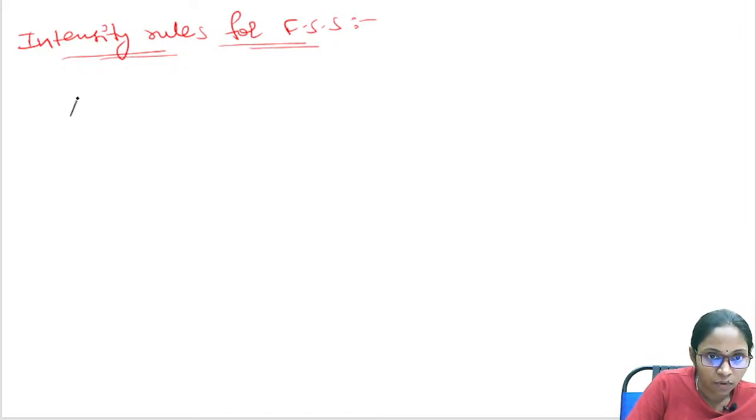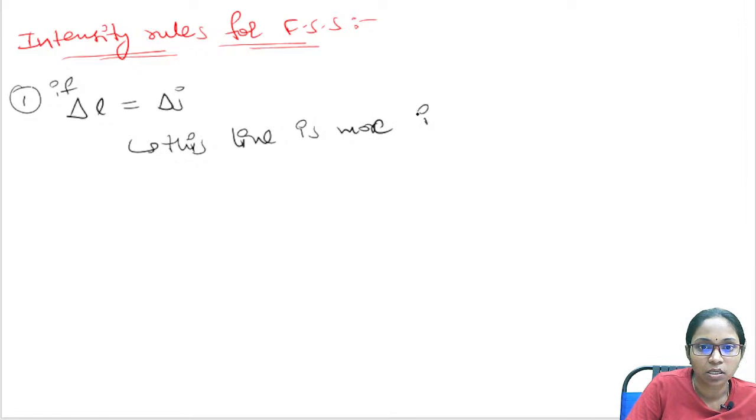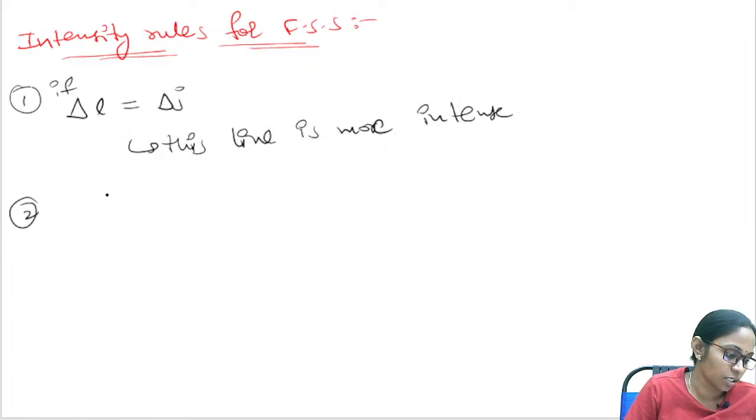First of all, check the delta L and delta J values. If delta L value is equal to delta J value, that means if both are the same, then this spectral line is more intense.